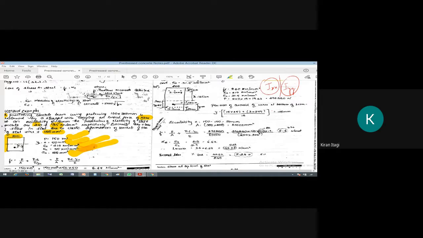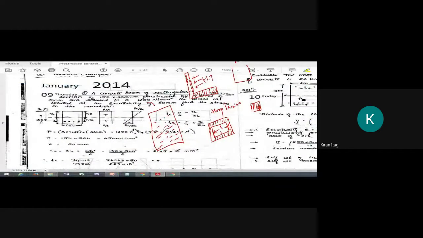It is very basic, not that complicated. You only have to remember some basics you learned in the first semester, that is engineering mechanics: how to calculate the CG, the moment of inertia, and section modulus.